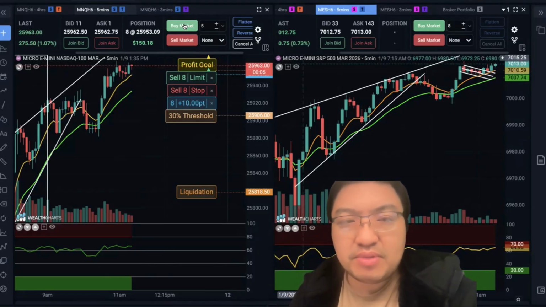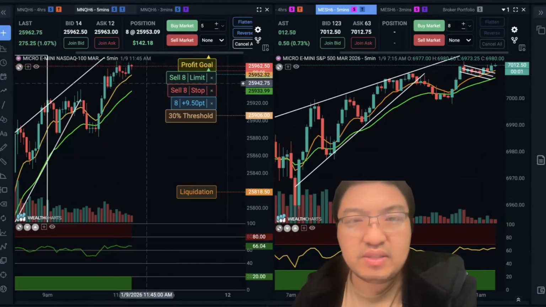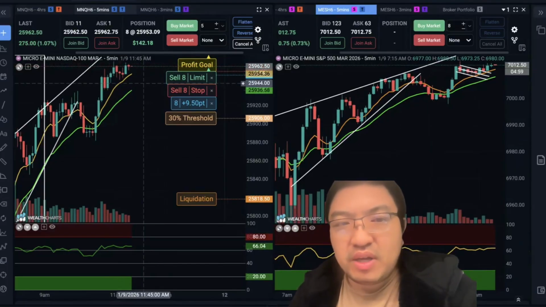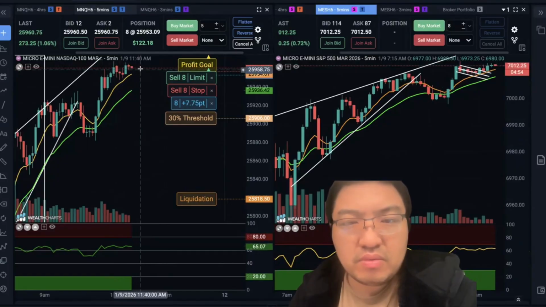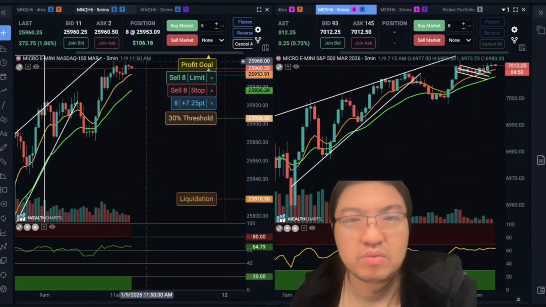Please confirm the uptrend rather than a double top here and reverse. Oh, one more candle. Let's see. Uh-oh, uh-oh.